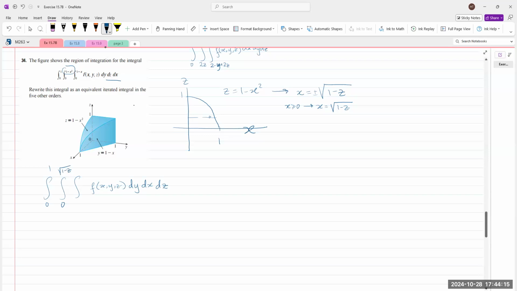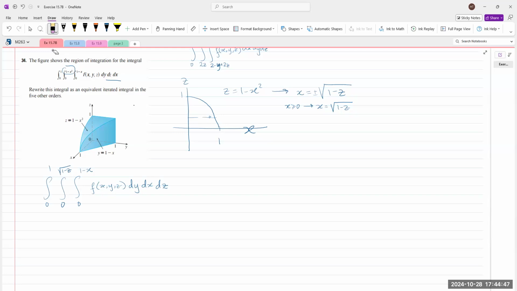As for the y component, for any coordinates I choose from this left wall here, I will start from 0 and then I go out from the plane. I go out from that plane, right? From 0 to 1 minus x.